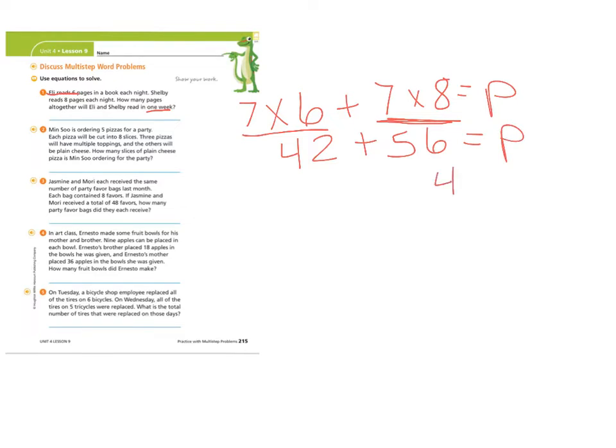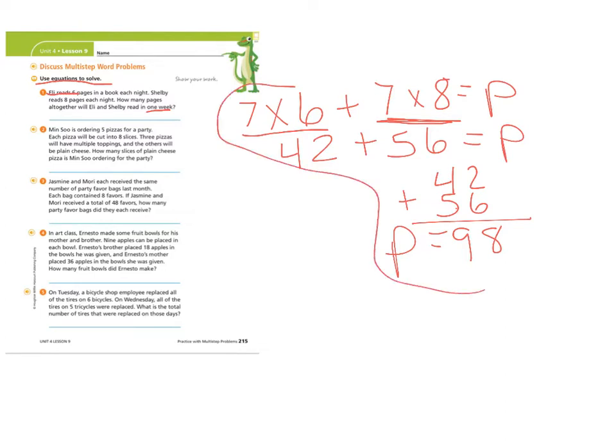I need to write this up and down vertically so I can add these easier. 6 plus 2 equals 8. 5 plus 4 equals 9. So P equals 98.